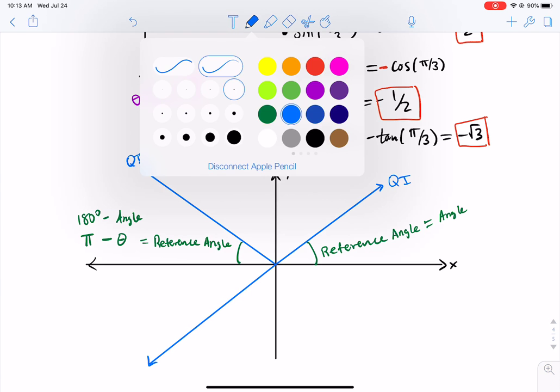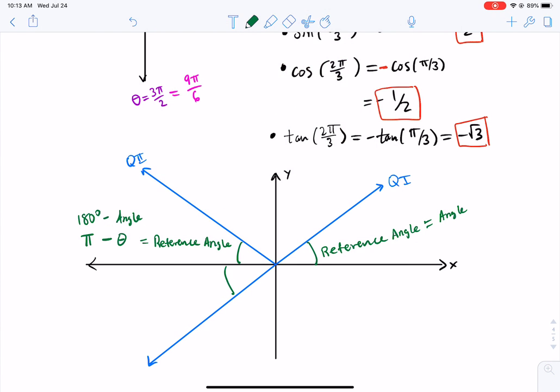For this one, it's always subtracting something. To get this one, the biggest one will be the angle itself, and you have to subtract 180 from that. So the reference angle here is going to be theta minus pi, or whatever the angle is minus 180 degrees.